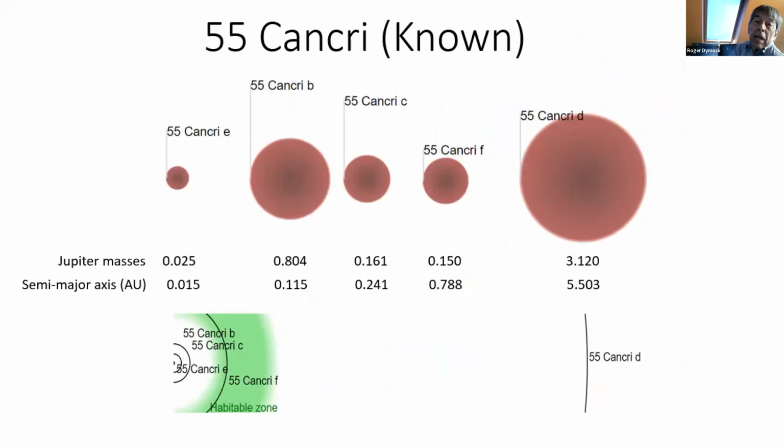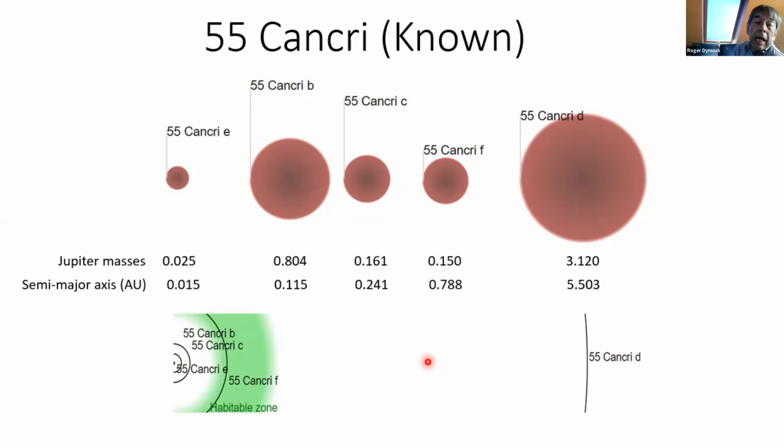This is the system as we know it today. The relative planet sizes, masses and distances from the host star are shown. So there are the relative sizes, the masses in Jupiter masses, and the distance from the sun.